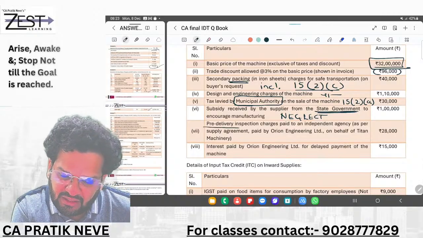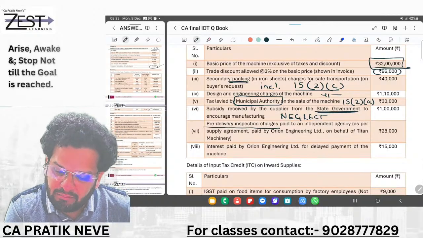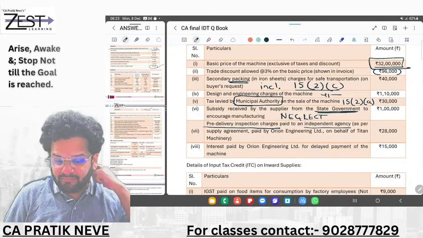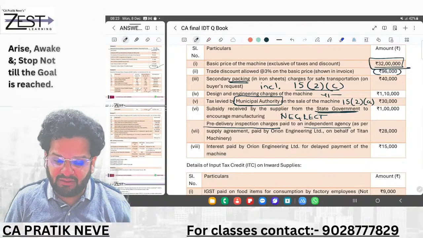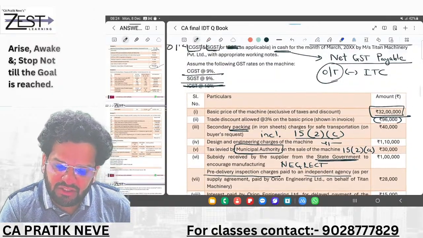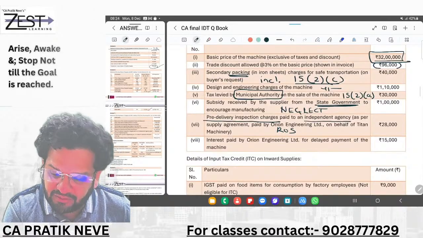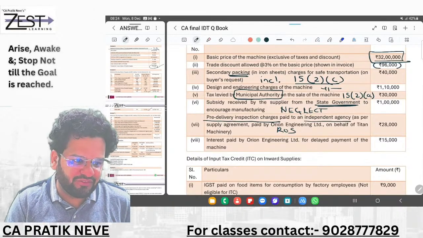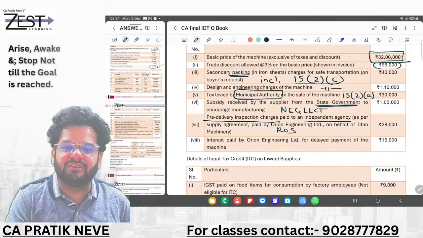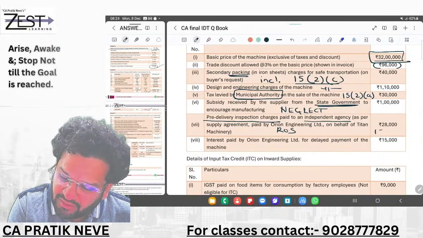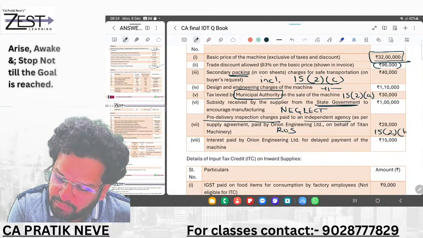Then pre-delivery inspection charges paid to an independent agency, paid as per the supply agreement by Orion Engineering, means the recipient of supply has paid it on behalf of Titan Machinery. So this will be included. Why will it be included? As per 15(2)(b).